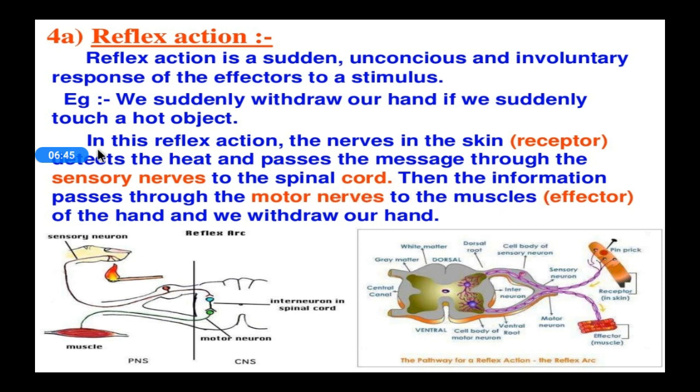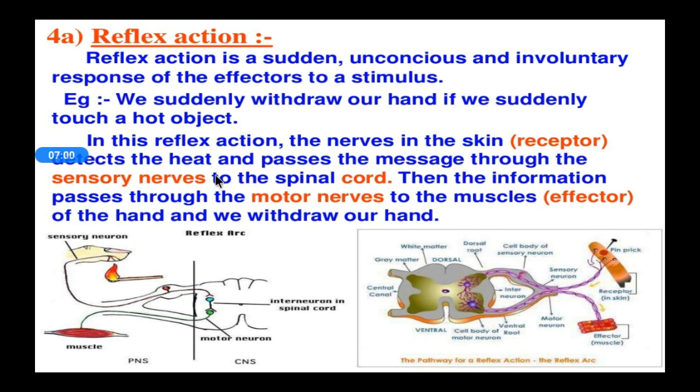Yes, so in reflex action, what is happening there? The nerves in the skin, for example, if we are touching a hot object with our hand, the skin touches the hot object, right? So the nerves in the skin receive, that is the receptor.